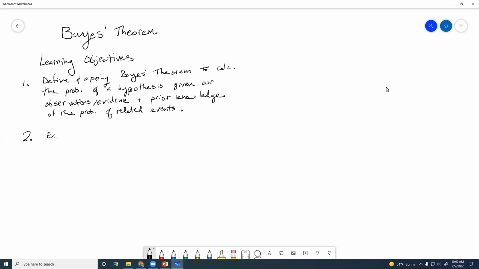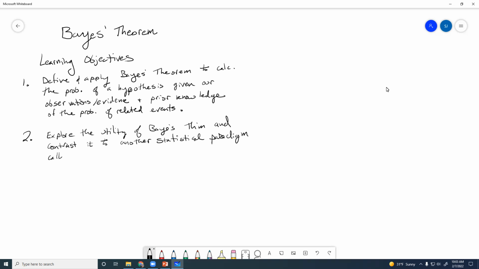And then we're going to explore the utility of Bayes' theorem and contrast it to another statistical paradigm, which we'll define as well. It's called frequentist statistics.